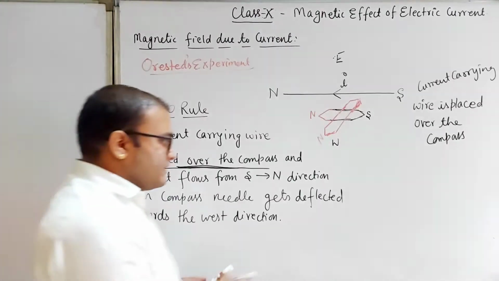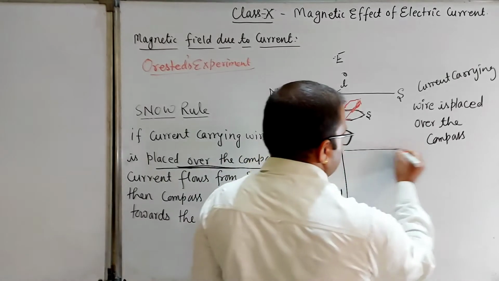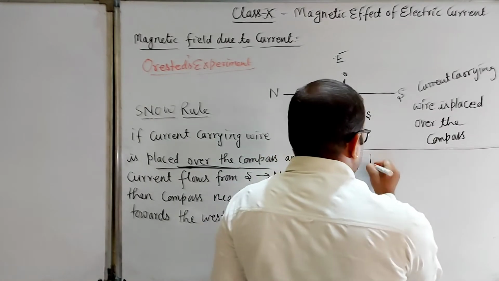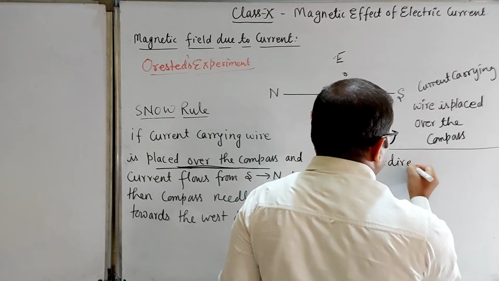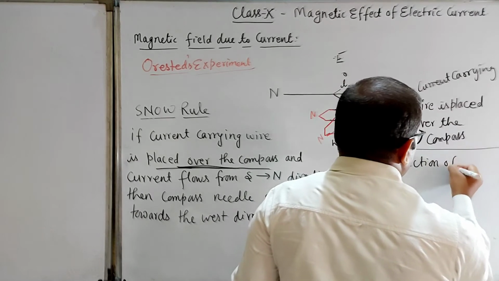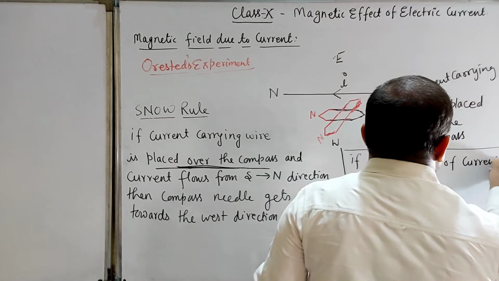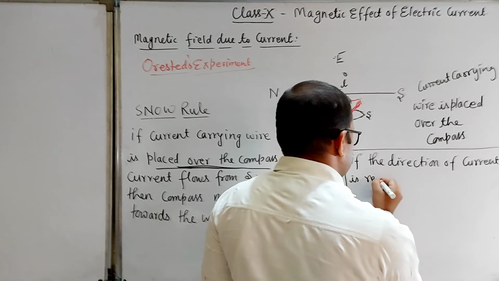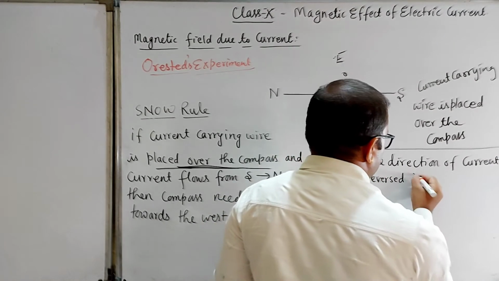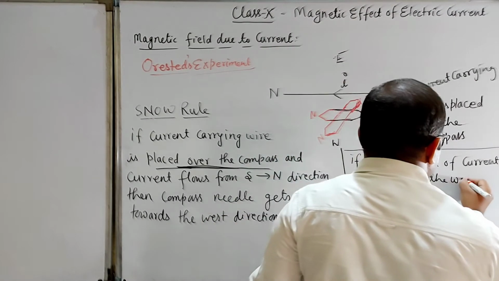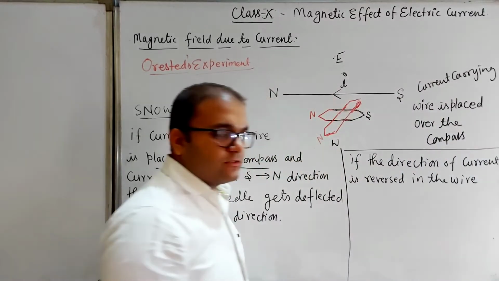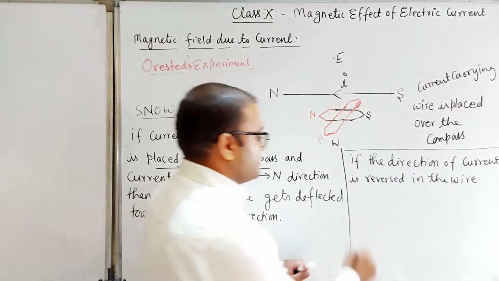If we reverse the direction of current, the next point is: if the direction of current is reversed in the wire, then what happens?